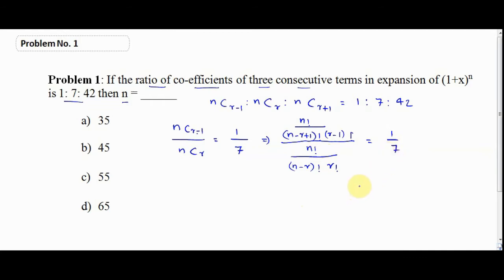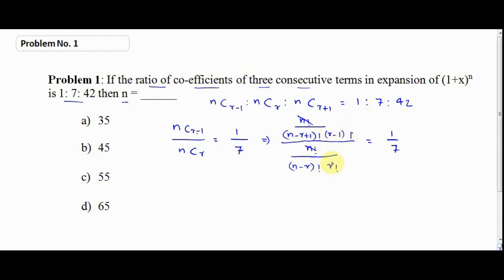So let's simplify this. Here n factorial and n factorial are common, so we may cancel those two. Here we have (n - r + 1) factorial, and here we have (n - r) factorial. When you cancel (n - r) factorial from these two, we get (n - r + 1) here. And here we have (r - 1) factorial and here we have r factorial.